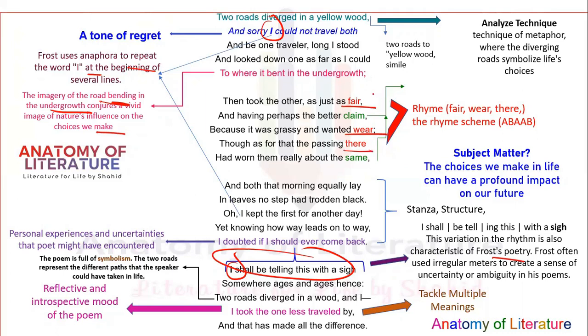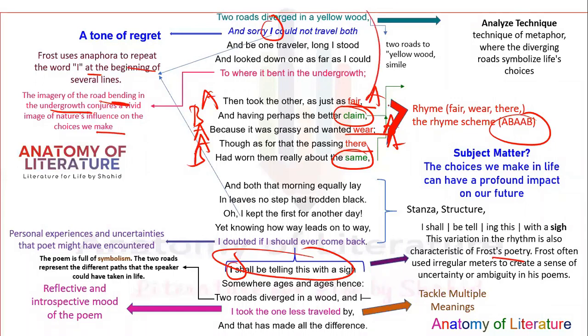So we will mark it A. Now have a look at the claim and the same. We will mark it B. So we'll have a rhyme scheme of A, B, B that I have mentioned here. This rhyme scheme is repeated in this stanza, this stanza, this stanza, and this stanza. So it's very important to identify the rhyme and the rhythm and the repetition if there is any.